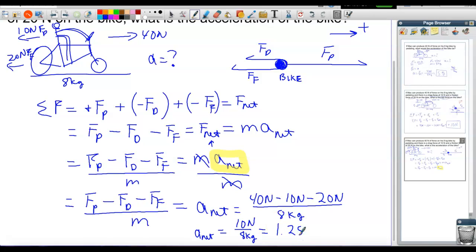And if you remember, there's the kilograms and the newtons, so we have kilograms meters per second squared, so the kilograms cancel. That leaves us with our meters per second squared, so it's 1.25 meters per second squared is our acceleration.